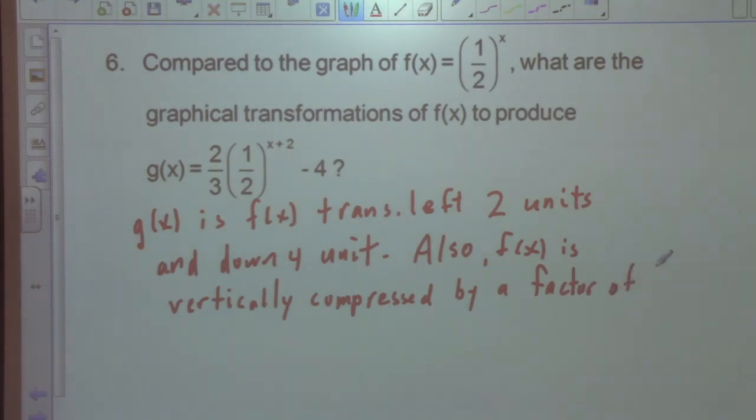Is there any reflection involved here about the x-axis? No, there's not. So really that's it. But when you get a problem like this, make sure you watch for that reflection possibility too. If that happens to be negative, that would be another possibility. Okay, all right, let's go ahead.